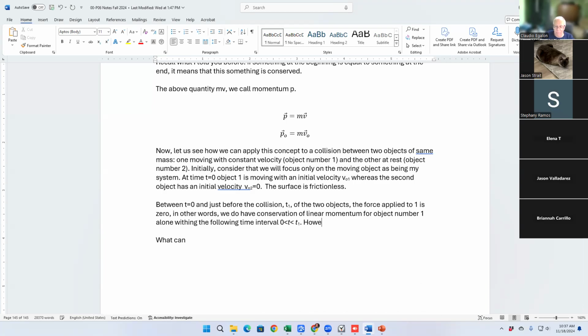However, exactly at T1, object number 1 feels a force due to 2, right?